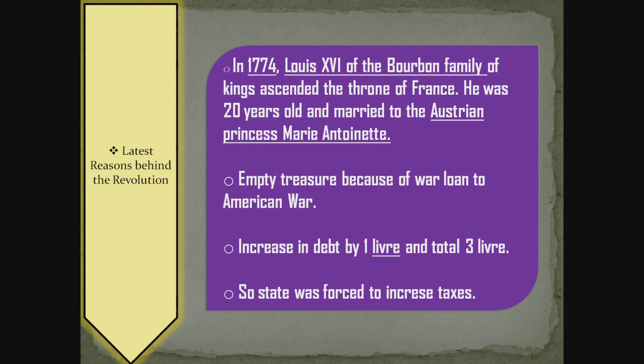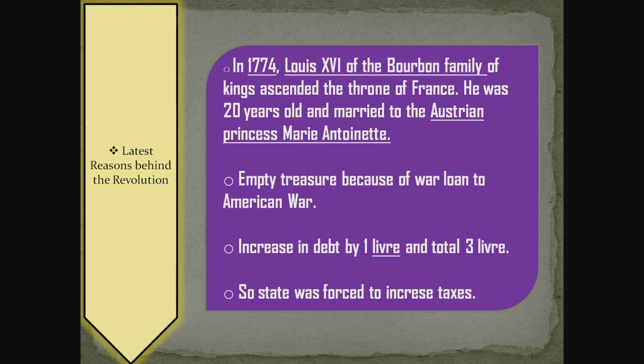As you know very well, in 1774 Louis XVI, who was from the Bourbon dynasty, ascended the throne of France. He was 20 years old and he got married to the Austrian Princess Marie Antoinette. Please keep these dates and names in your mind. When he became the king, he found that the treasury was empty. Why was the treasury empty? Because France had helped the American colonies, which were 13 colonies, to fight their war against Britain.